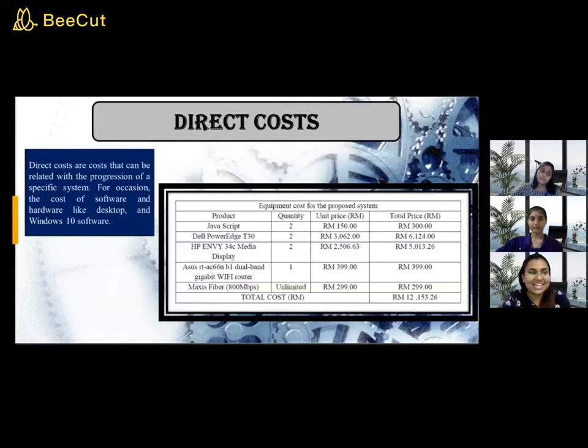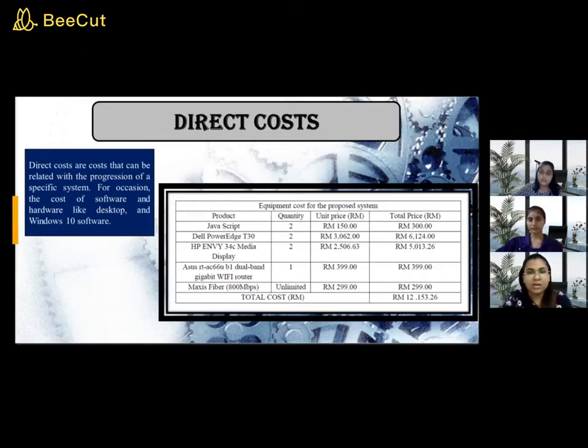Direct costs. Direct costs are costs that can be related to the progression of a specific system. For instance, the cost of software and hardware like desktop and Windows 10 software. Equipment cost for the proposed system. Quantity of JavaScript is 2.